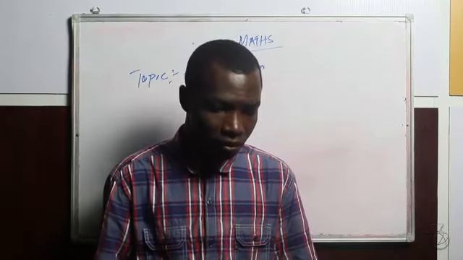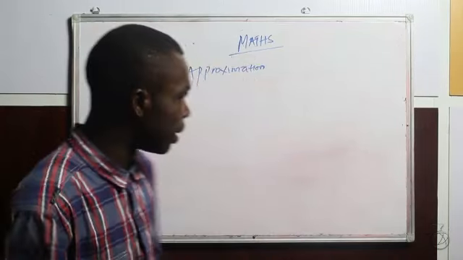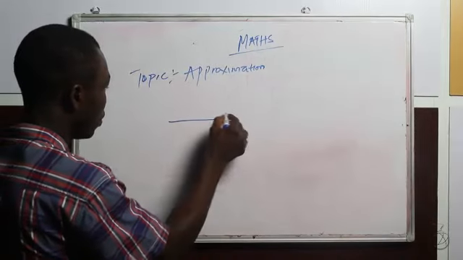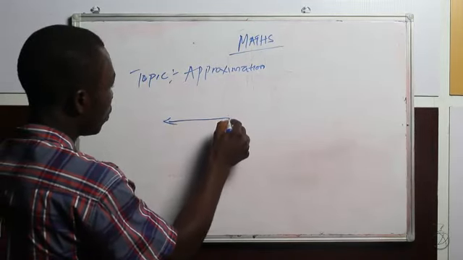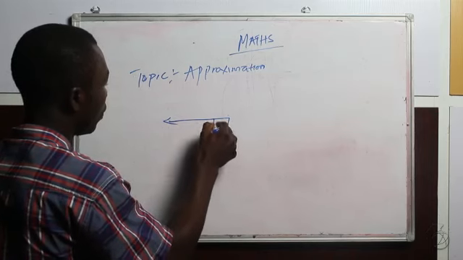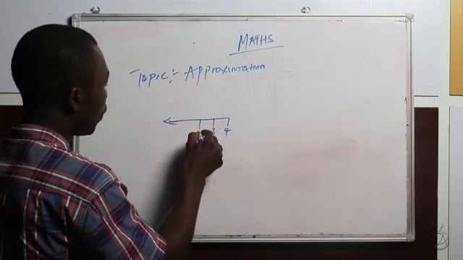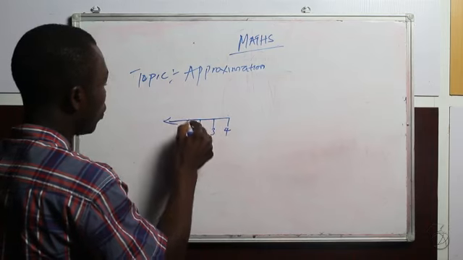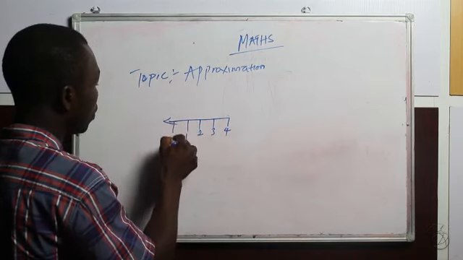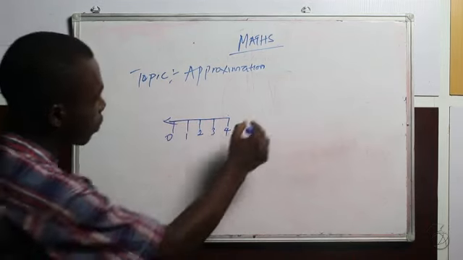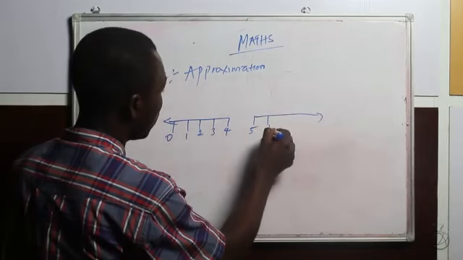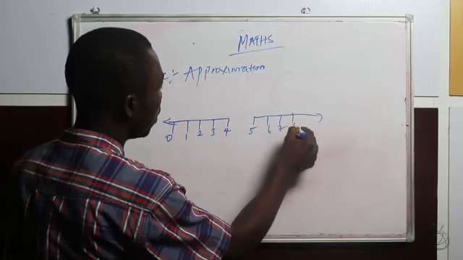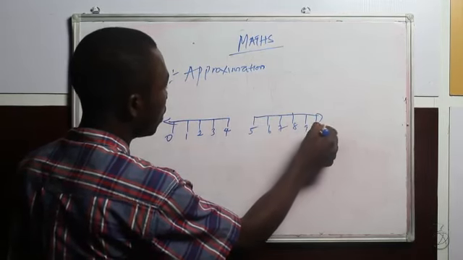For example, let's consider this number line. This is 4, 3, 2, 1, 0, then 5, 6, 7, 8, 9, 10.